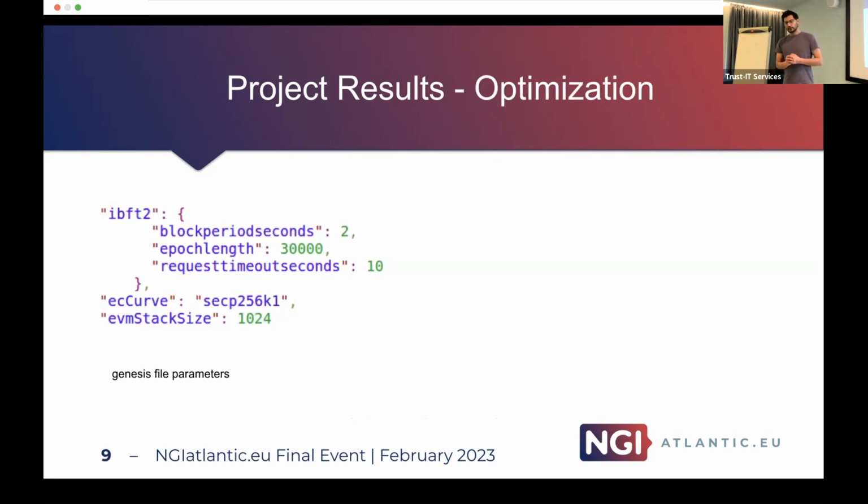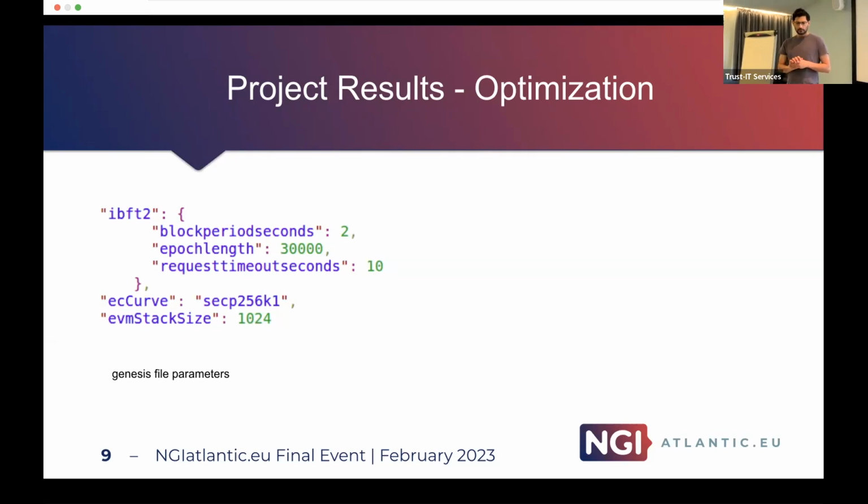In terms of optimization for the blockchain solution, we use Hyperledger Besu, and it uses the IBFT consensus algorithm. This is an example of a Genesis file, which is required to start a validation node and a regular node on a blockchain network.